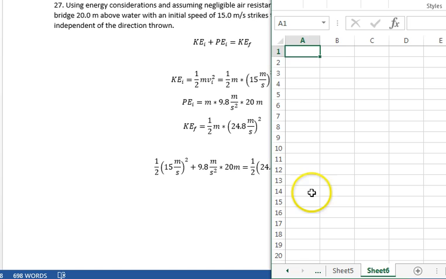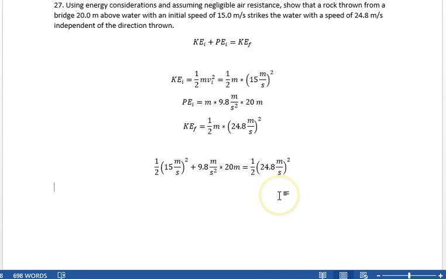So let's get all these numbers. 0.5 times 15 squared, 112.5, 9.8 times 20, put an equal sign in there. So 112.5 plus 196, right?